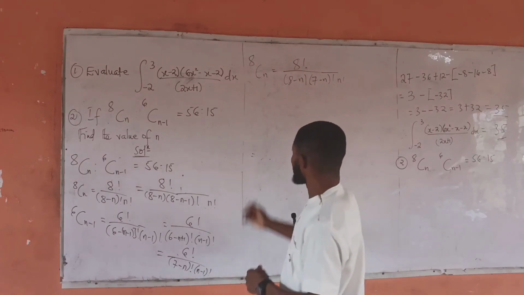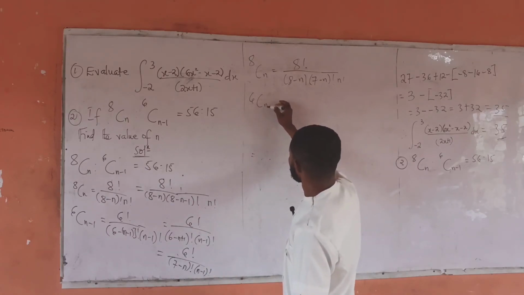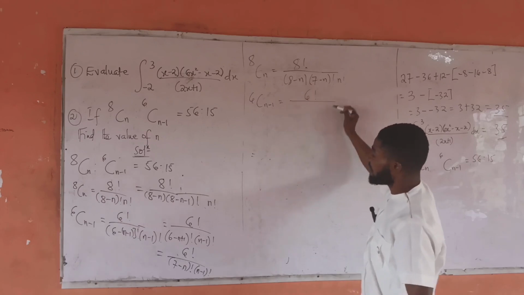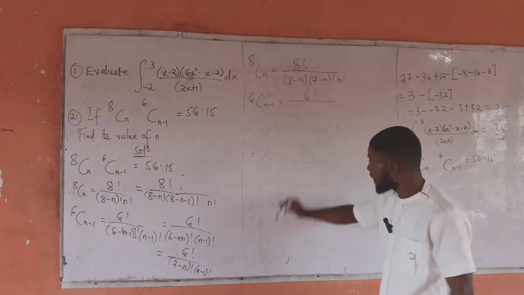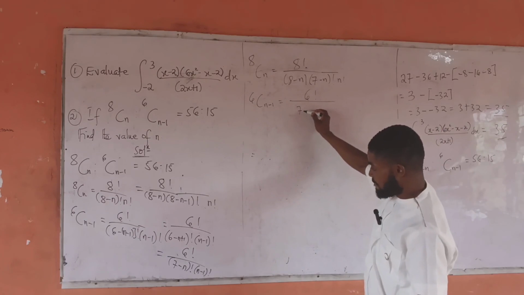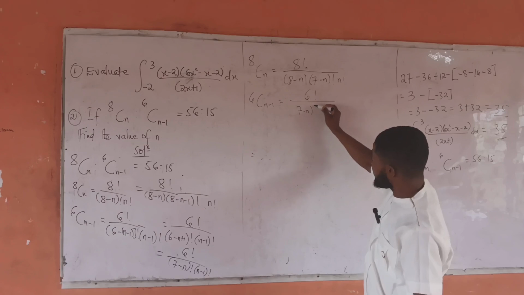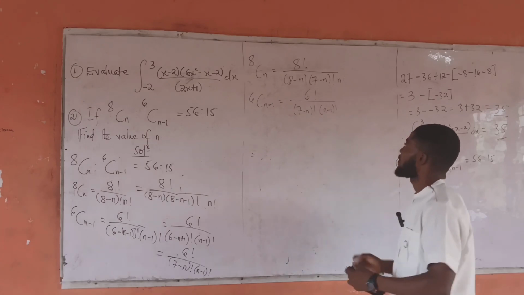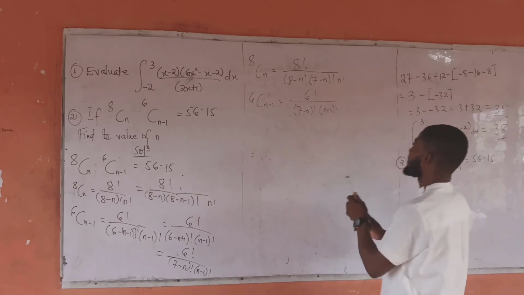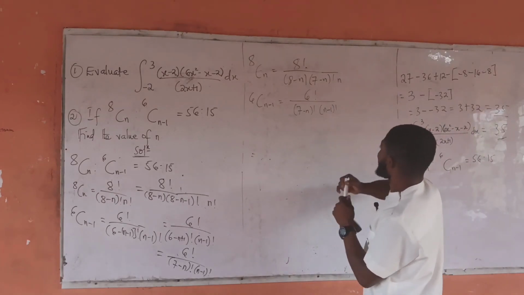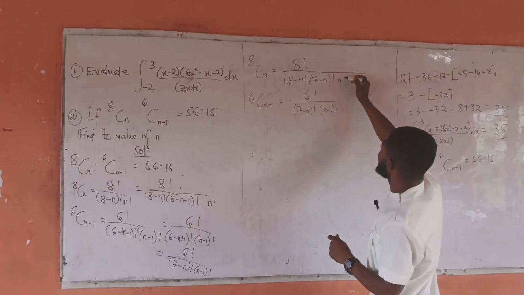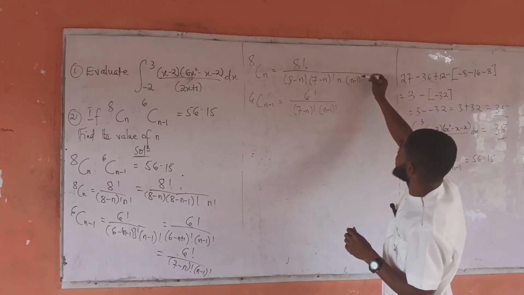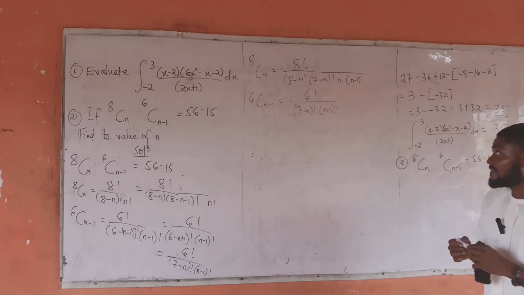Then when we take this part too, that would also mean 6 factorial over (7 minus n) factorial, (n minus 1) factorial. Even this side can be expanded a bit so that we get n factorial, starting from n itself going to (n minus 1) factorial, which would cancel this here, so that I leave this like that.